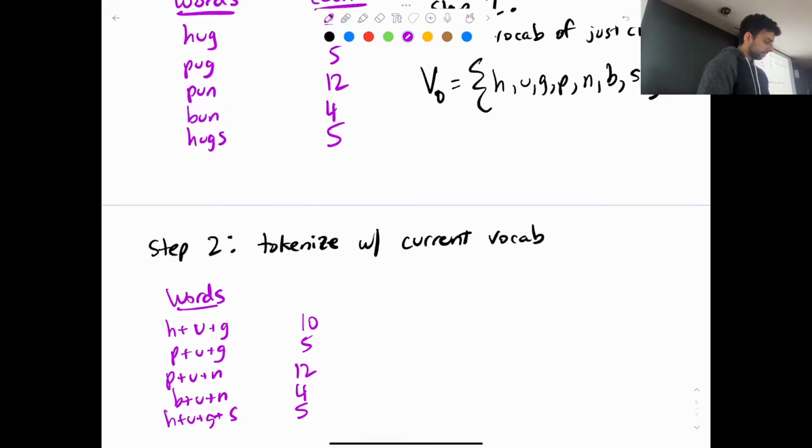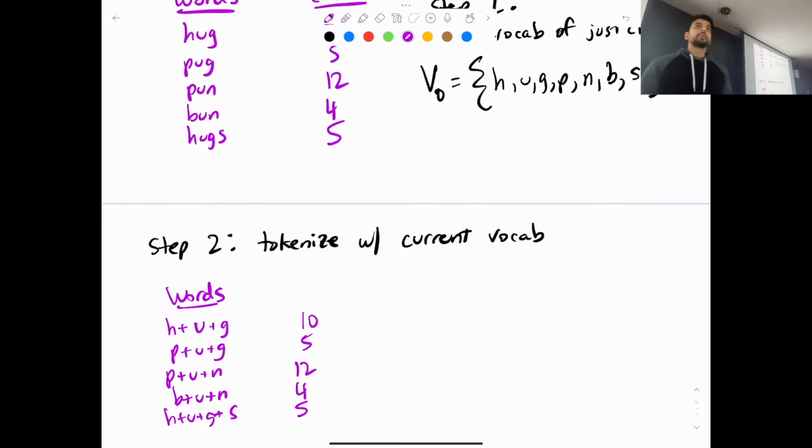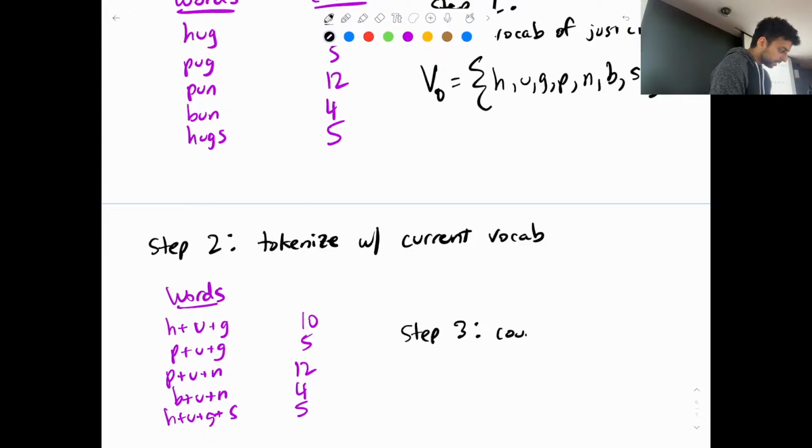All right. So now in the next step, I'm going to take this tokenized version of the data set and count up the frequency of all pairs of characters that occur in it. Let me write that over here. Step 3, count each token pair in the data set.